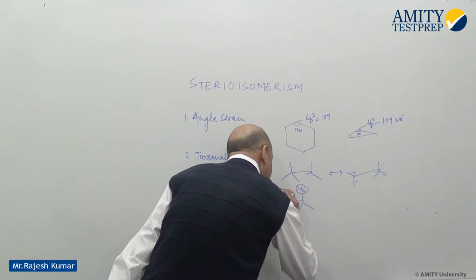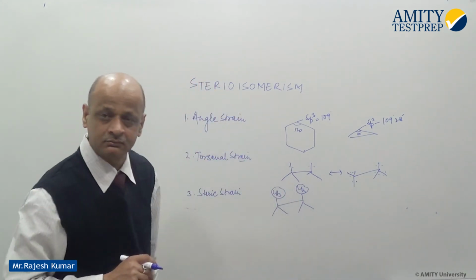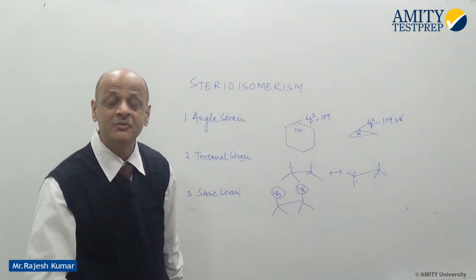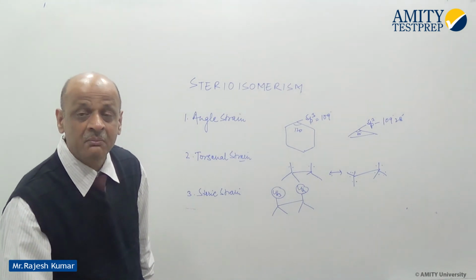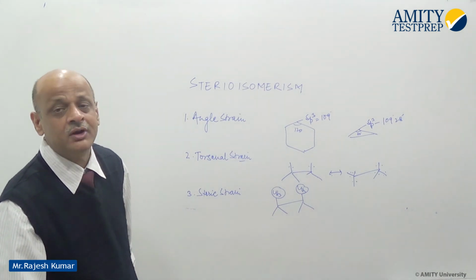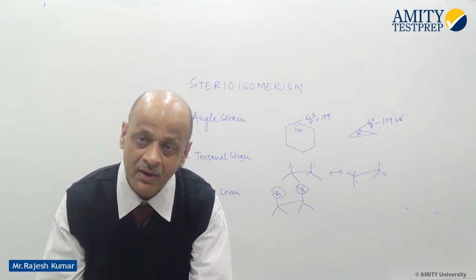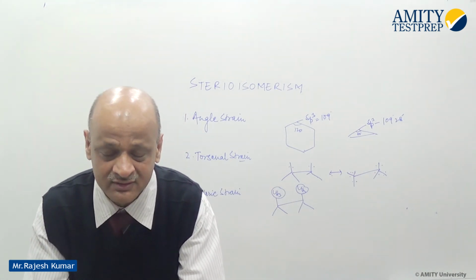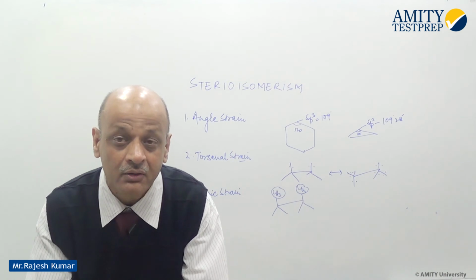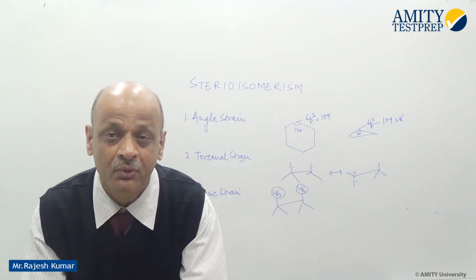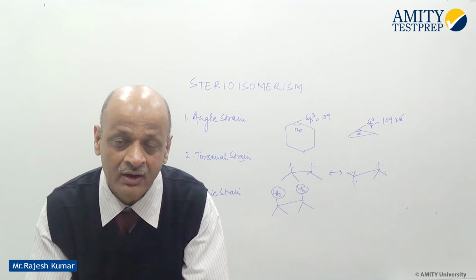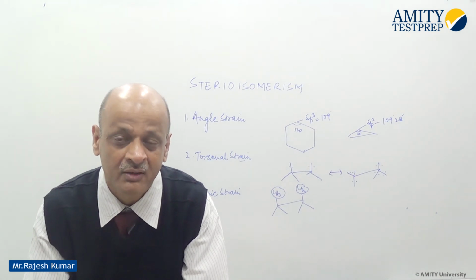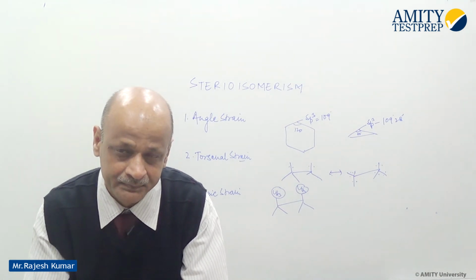If two bulky groups are nearest to each other, there is a repulsive interaction between these two bulky groups that makes the molecule unstable. So the molecule is twisted and bent in such a manner that the three mentioned strains become diffused and neutralized, and so the molecule becomes more stable. Again, such a geometry makes the molecule more stable, where minimum energy is possible.